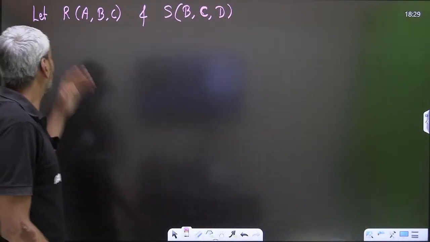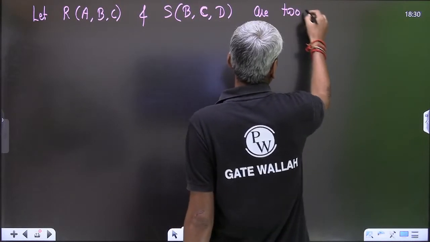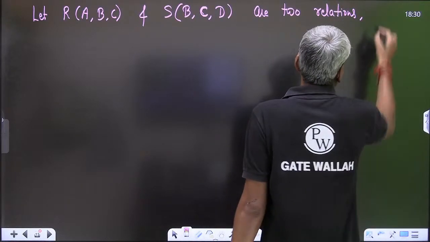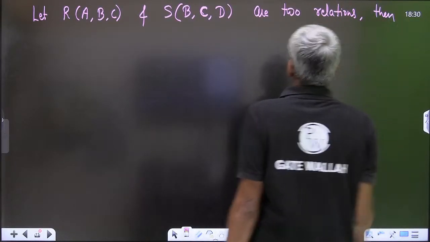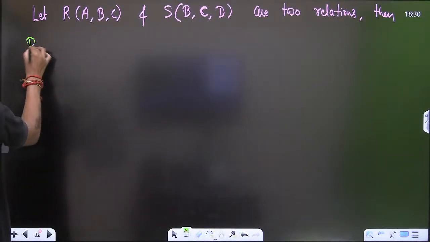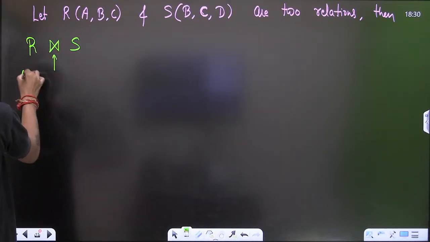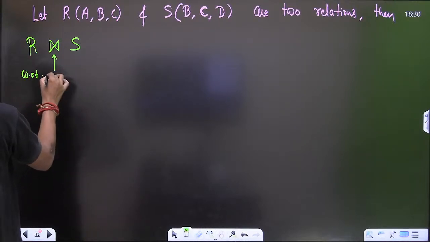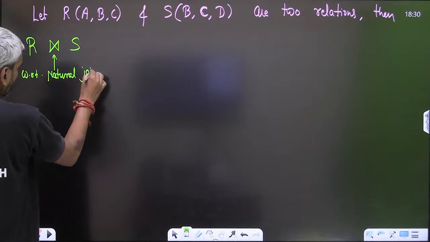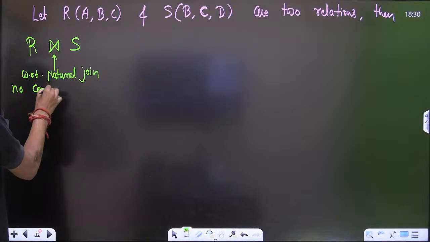So let R and S be two relations. Then how do we define the natural join of R and S? Please try to understand. With respect to natural join, no condition needs to be specified.